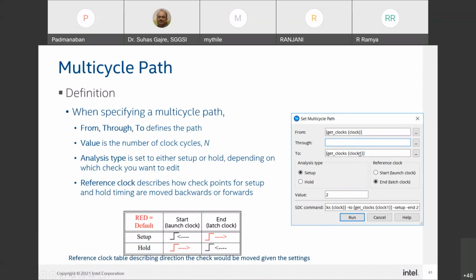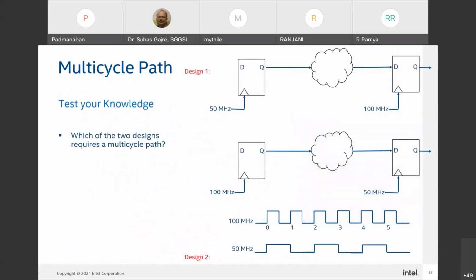In that case, we cannot do the normal setup and hold analysis which we performed earlier. We have to provide the multi-cycle path exception in this specific design. Right. So this is not only for setup analysis, it has to be done for the hold analysis also.